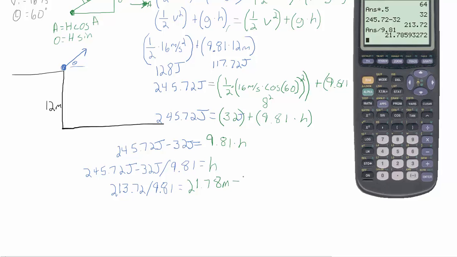So minus 12. And that gives us a height of 9.78 meters. So this is our answer to part A.